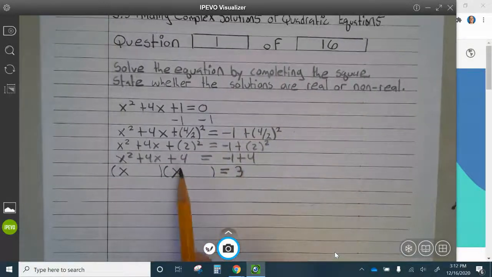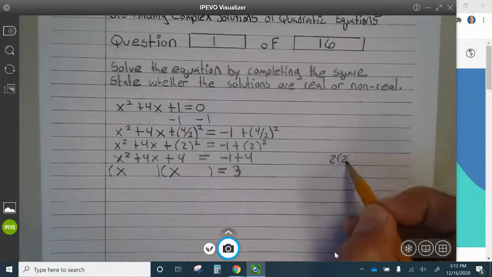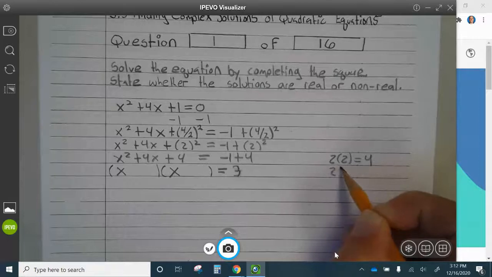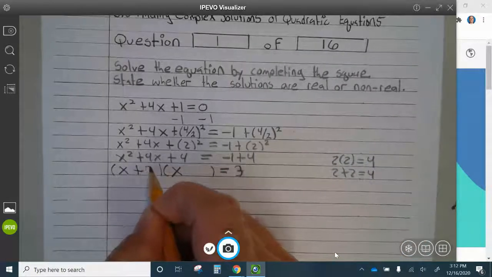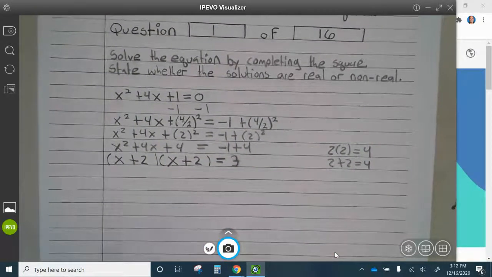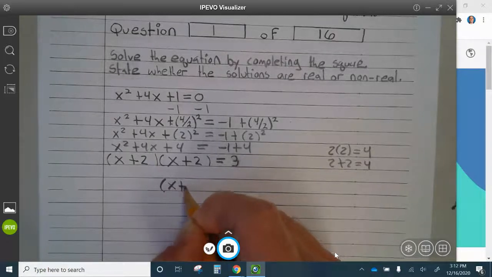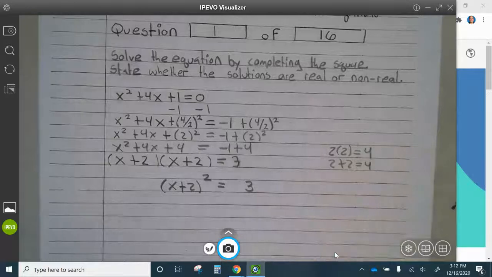Now we ask ourselves, what do you multiply to give you 4 and combine to be 4? Well, the answer to that is 2 times 2 equals 4, 2 plus 2 equals 4. So that's plus 2, plus 2. Okay. This is (x plus 2) squared equals 3.